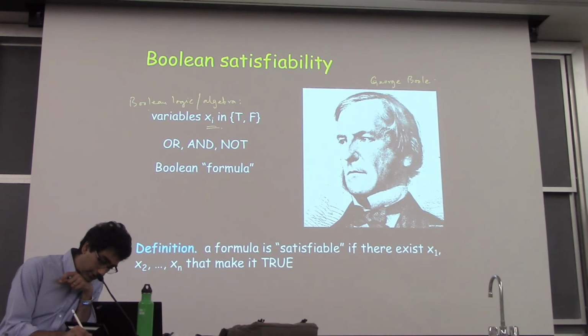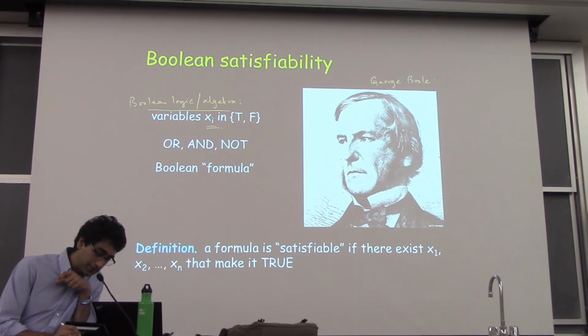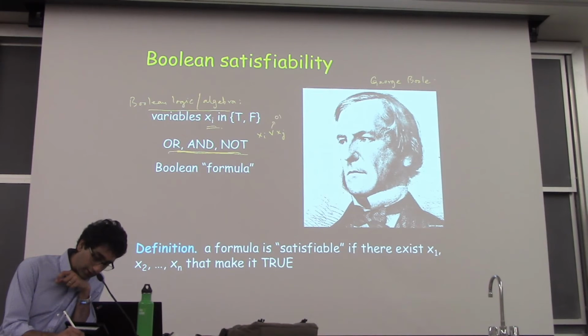So you have variables that take values true or false, and then you have these operators. So you can say xi or xj. This is the symbol for or, and you can say xi and xj and xk or something like this, and this is and.